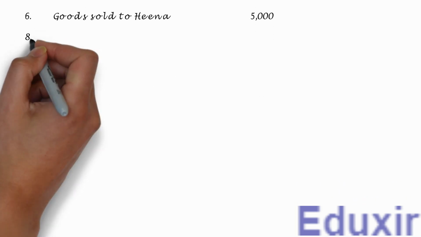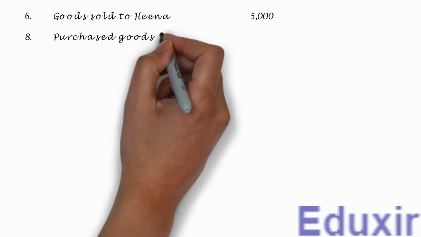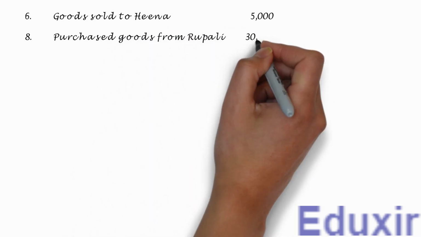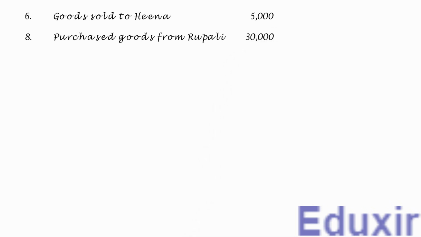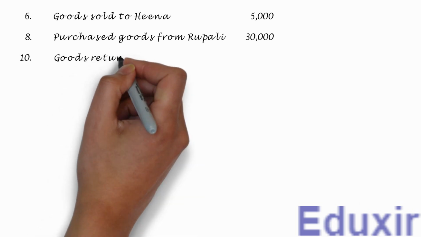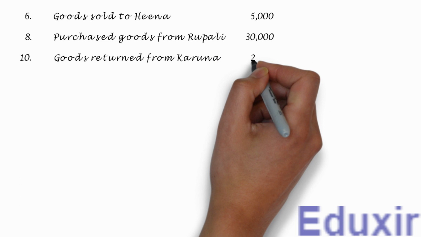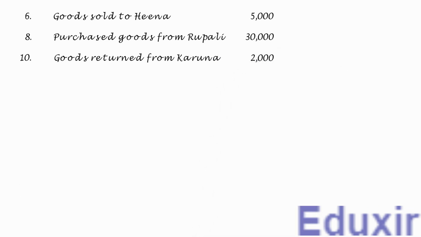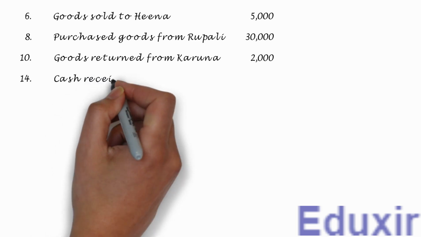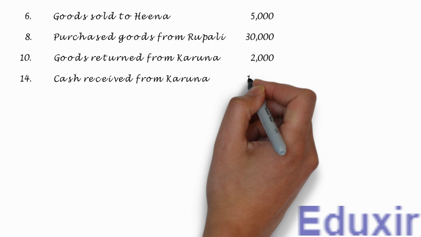On 8th January, purchased goods from Rupali 30,000 rupees. On 10th January, goods returned from Karuna 2,000 rupees. On 14th January, cash received from Karuna 13,000 rupees.